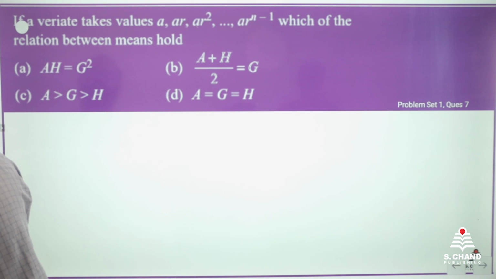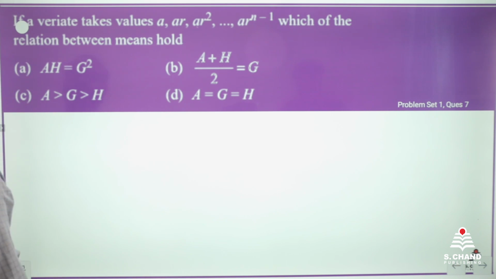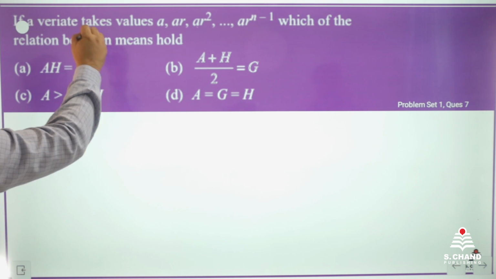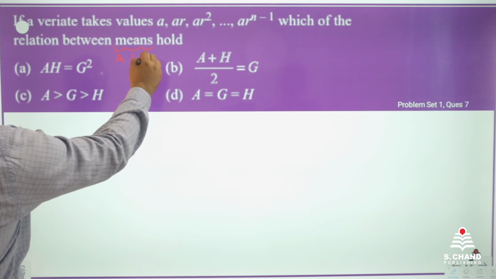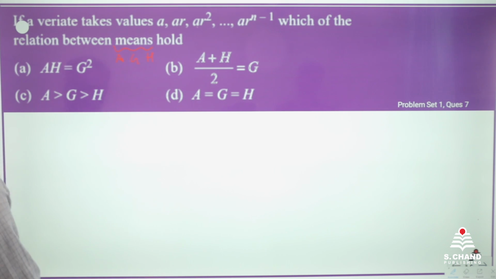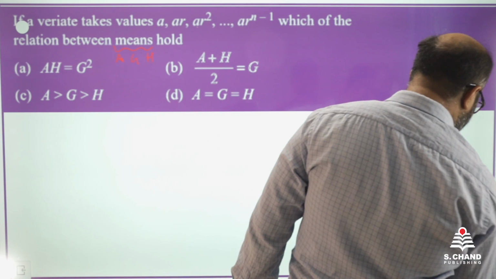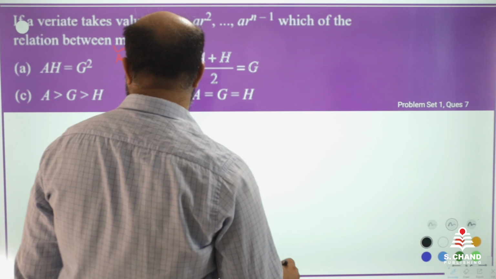If a variate takes values a, ar, ar square till ar to the power n minus 1, which of the relations between AGH means, that is, between the arithmetic mean, geometric mean and harmonic mean, hold? So first of all, let us find all these means in such a situation. What will be the arithmetic mean?